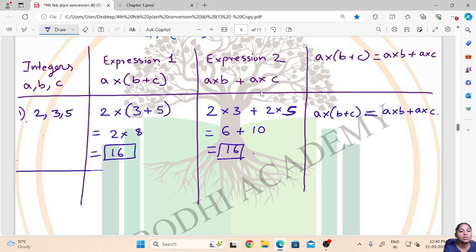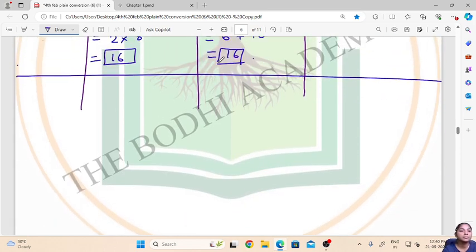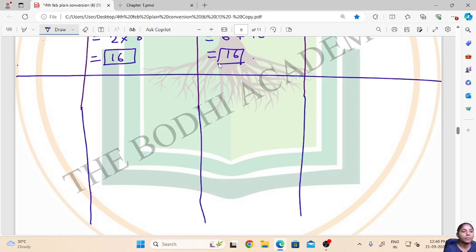So let us solve some more examples. For the second example, the integers are 0, 4 and minus 9.